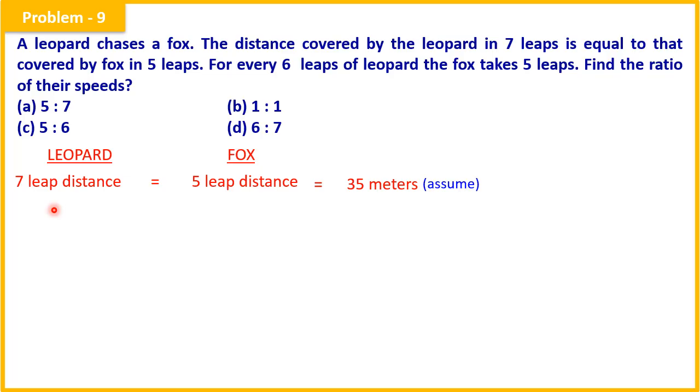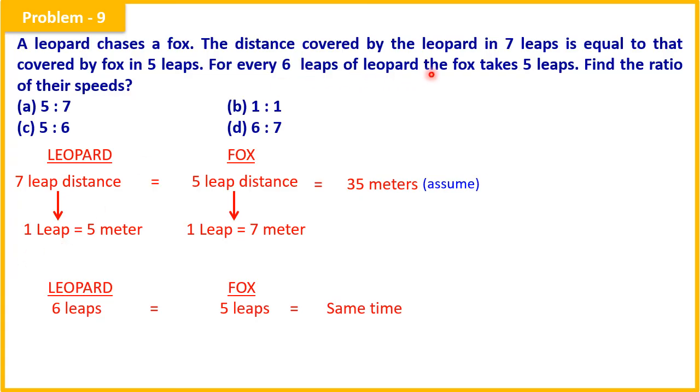So what is the one leap distance of leopard? 7 leap distance is 35 meters. So one leap distance of leopard is 5 meters. In a similar way, the one leap distance of fox will be equal to 7 meters. So now we came to know how much distance a leopard covered in one leap and a fox covered in one leap.